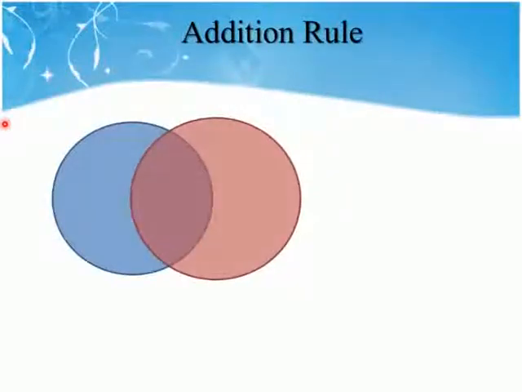If we instead look at them where one is overlapping the other, then the events are no longer disjoint. And this area where they overlap is what we call the probability of A and B occurring. In other words, where they intersect.